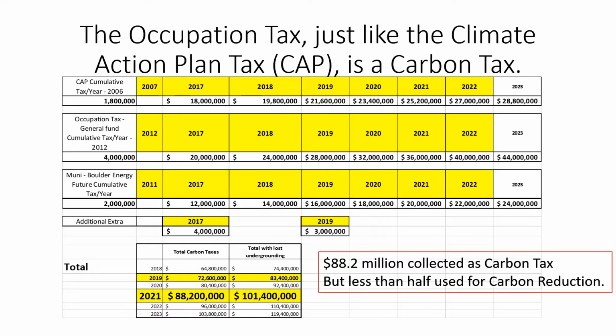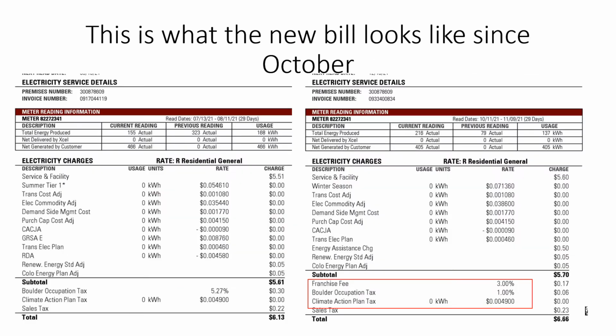So once again, the occupation tax, just like the Climate Action Plan tax, is a carbon tax. We've over time collected about $88.2 million as carbon tax, but less than half of that was used for carbon reduction. So this is what the new bill looks like. Here's the old bill, here's the new bill, and note that there's now a franchise fee and Boulder occupation tax.